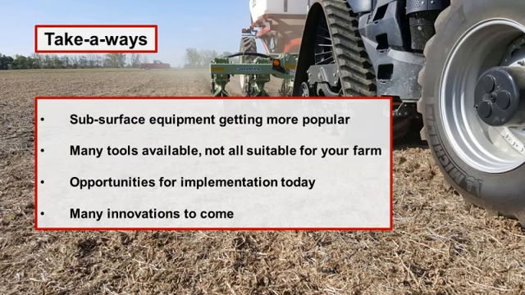Just to sum it up here, we're finding that the equipment options that are coming down the line are really attractive to us. We think that it's only going to get better and easier to put fertilizer below the surface. Those options with the planter, we've seen late season being applied with coulters. There's a ton of options here to think about as your operation moves forward, and how you want to adjust your nutrient management practices based on what fits your farm.